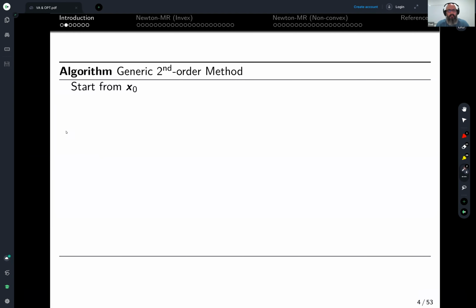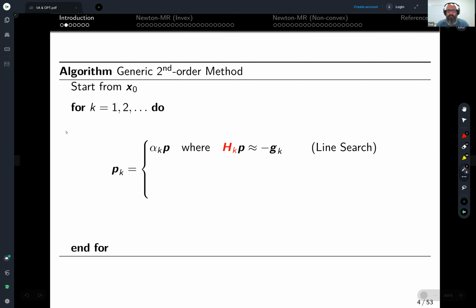As I mentioned, we're interested in second order methods. If you look at the general framework of second order algorithms, broadly and very loosely speaking, they fall under two categories. One is line search based, where you compute a search direction that mainly comes from the solution of a linear system involving the Hessian and the gradient of the function.